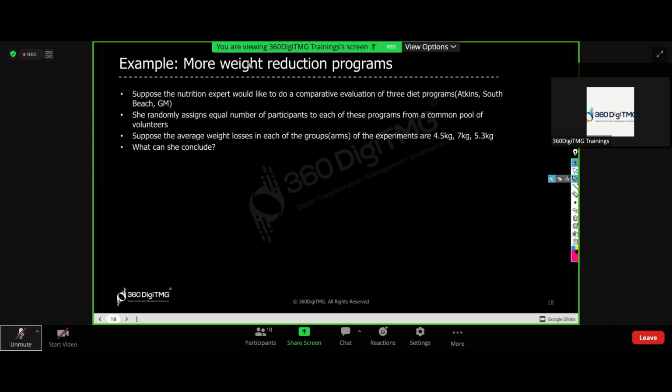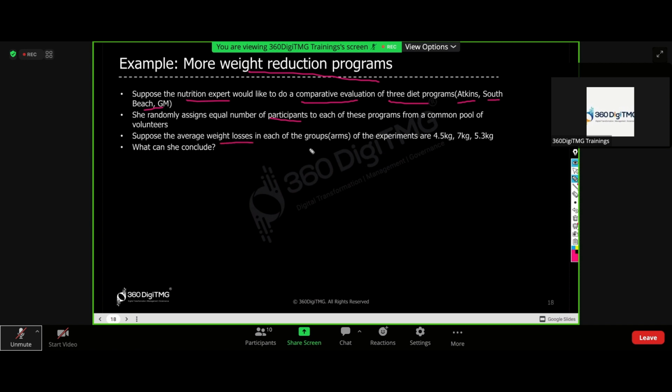Then you have a weight reduction program, and a nutrition expert would like to do an evaluation of 3 different diet programs. These are the 3 different diet programs, and they will be assigned to the volunteers randomly. They will assign an equal number of participants to each of these programs, right?